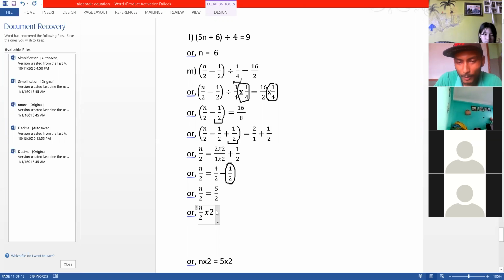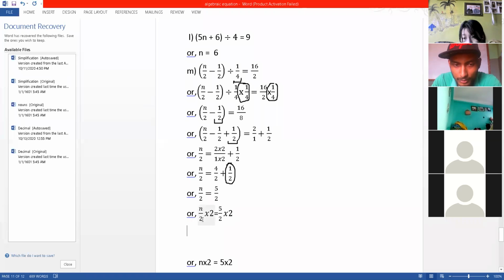Because my 2 is 2 by 1. I will explain that in a while. And for 5 by 2, I have to do the same thing. Multiply by 2. So what am I doing here? I'm multiplying by 2, right? I'm removing the denominators here.